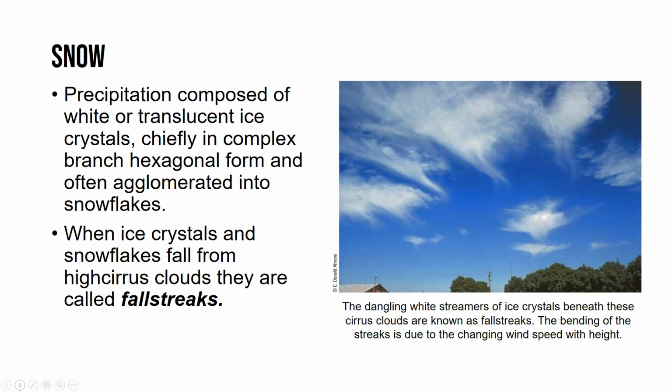Next is snow. Snow is precipitation composed of white or translucent ice crystals, chiefly in complex branched hexagonal form, and often agglomerated into snowflakes. When ice crystals and snowflakes fall from high cirrus clouds, they are called fall streaks. As pictured, this is a fall streak. The bending of the streaks is due to the changing wind speed with height.